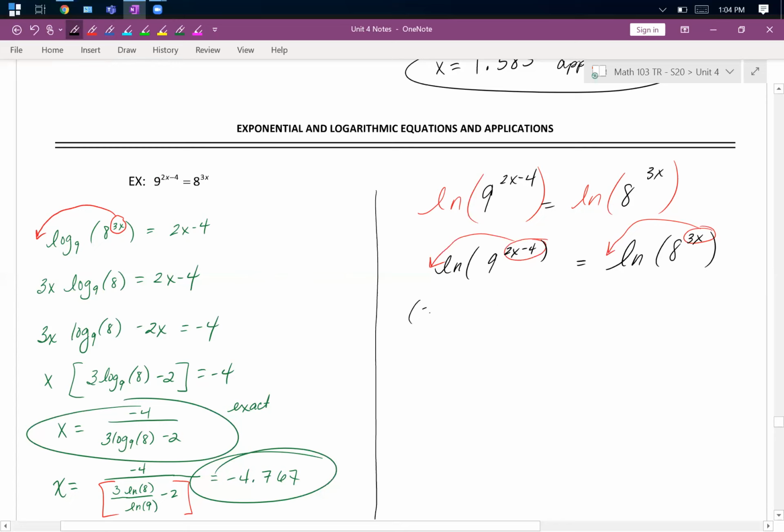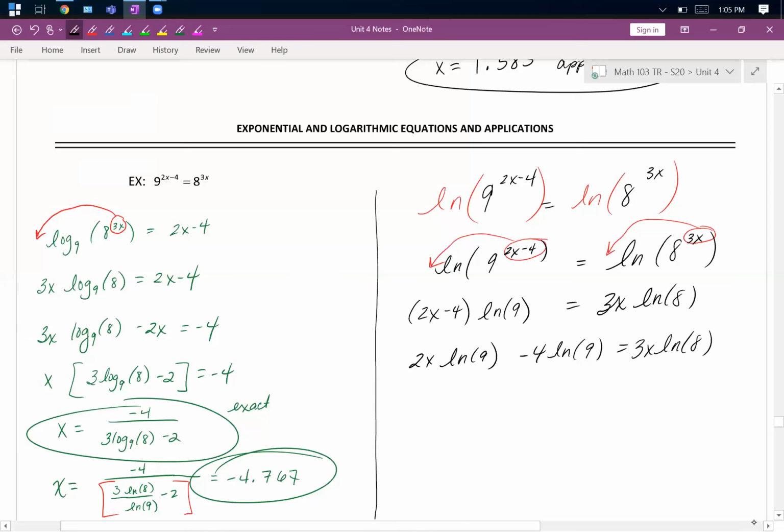Be sure to put it in parentheses, as we'll eventually have to distribute that natural log of 9. We get 2x times the natural log of 9 minus 4 natural log of 9 equals 3x times the natural log of 8.